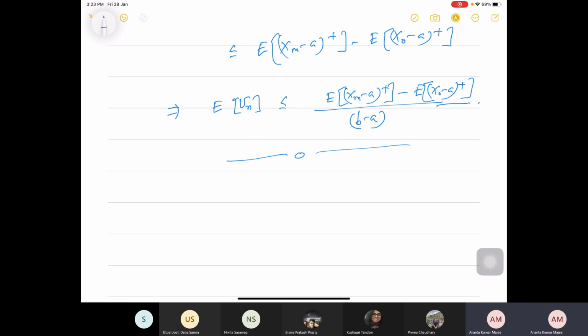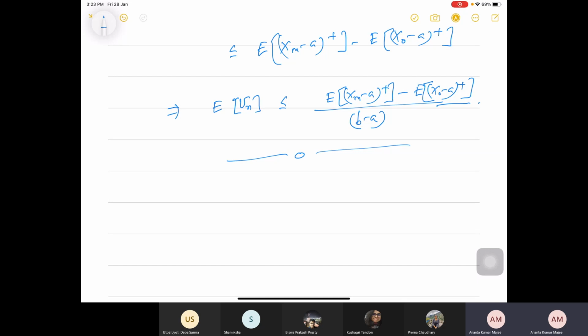Suppose we denote by U_infinity the number of upcrossings over the whole sequence. Then you can use the monotone convergence theorem to show that the expectation of U_infinity is also finite. That means U_infinity, the number of upcrossings throughout the whole sequence X_n, is finite almost surely.